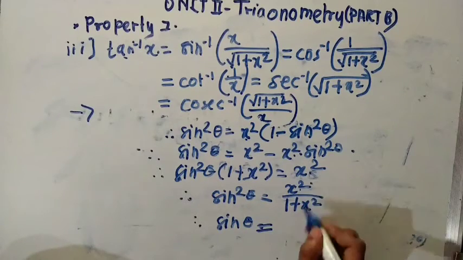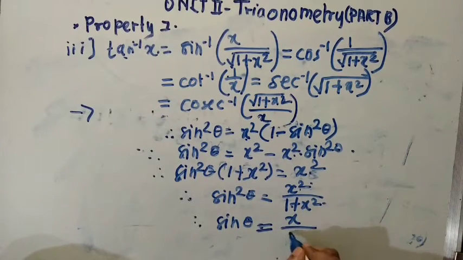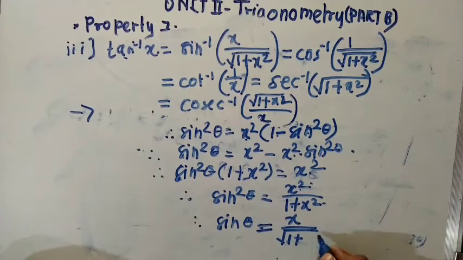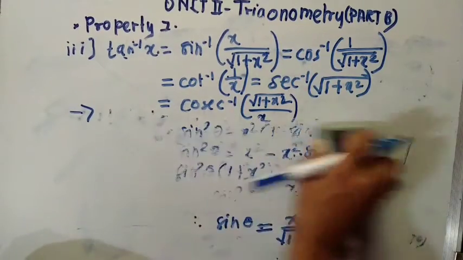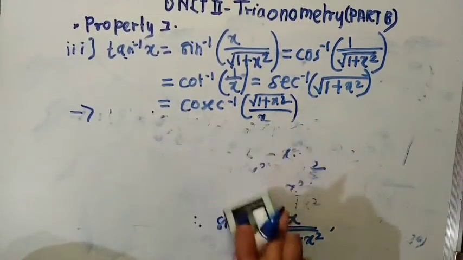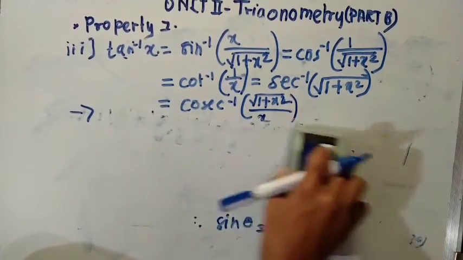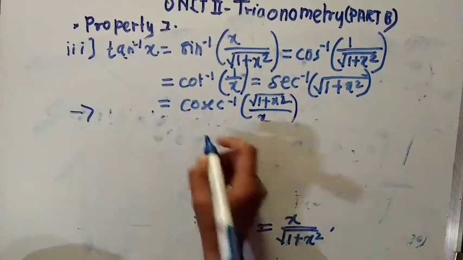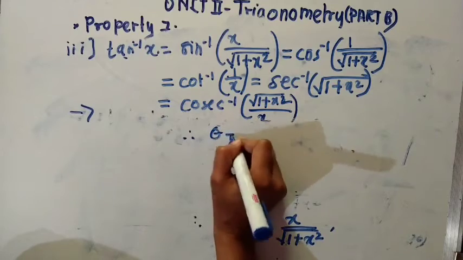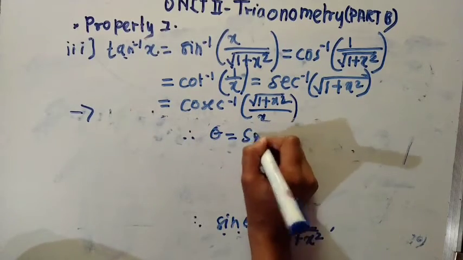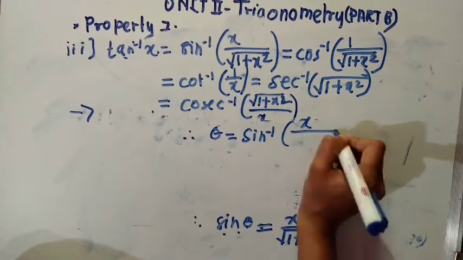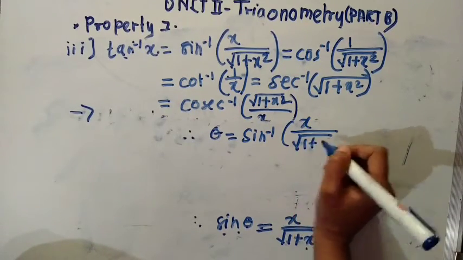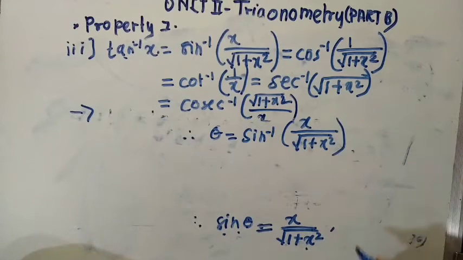The square root of x square is x, and the square root of the denominator is root 1 plus x square. Hence theta is equal to sin inverse of x upon root 1 plus x square.